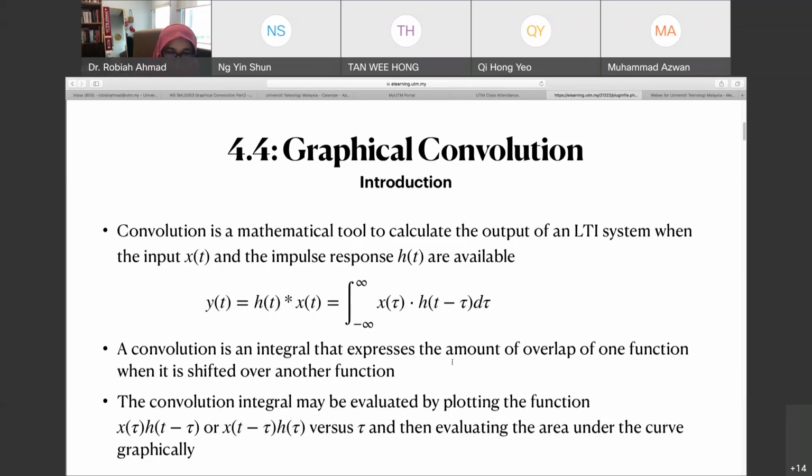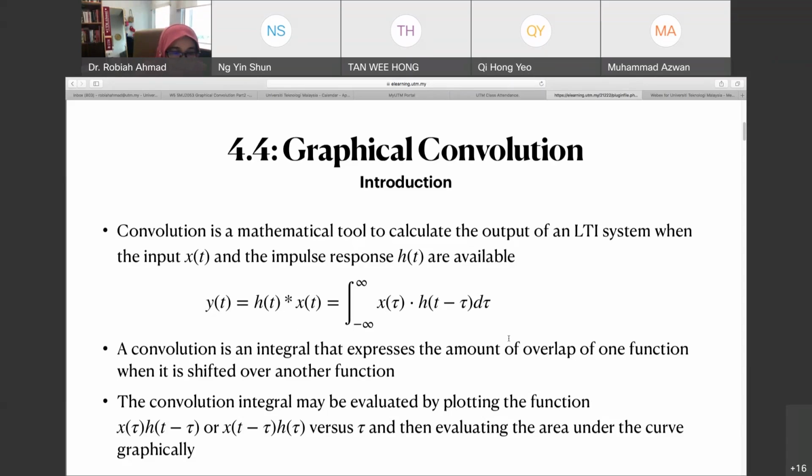Convolution is an integral that expresses the amount of overall overlap of one function when it is shifted over another function. I also shared with you the GIF simulations to explain how we get this amount of y(t). It is actually the total overlapping area.